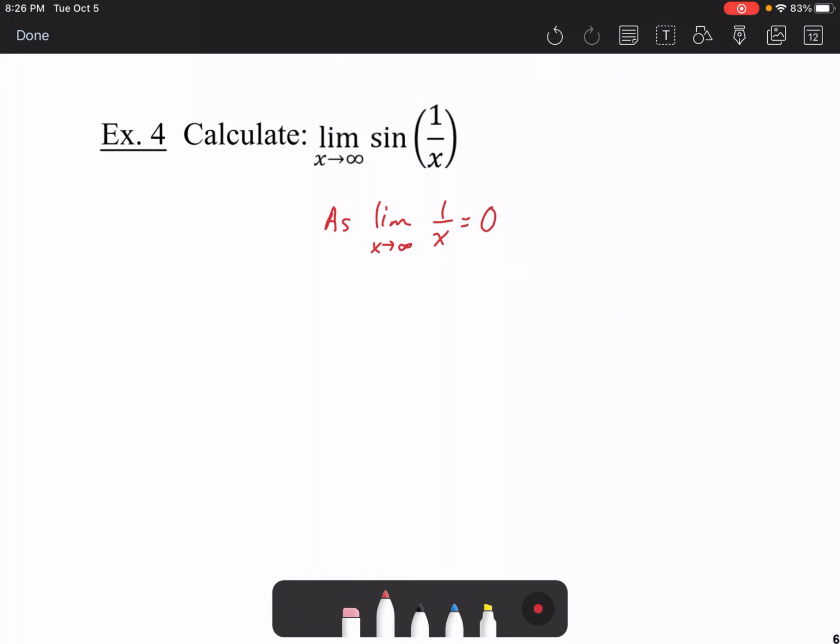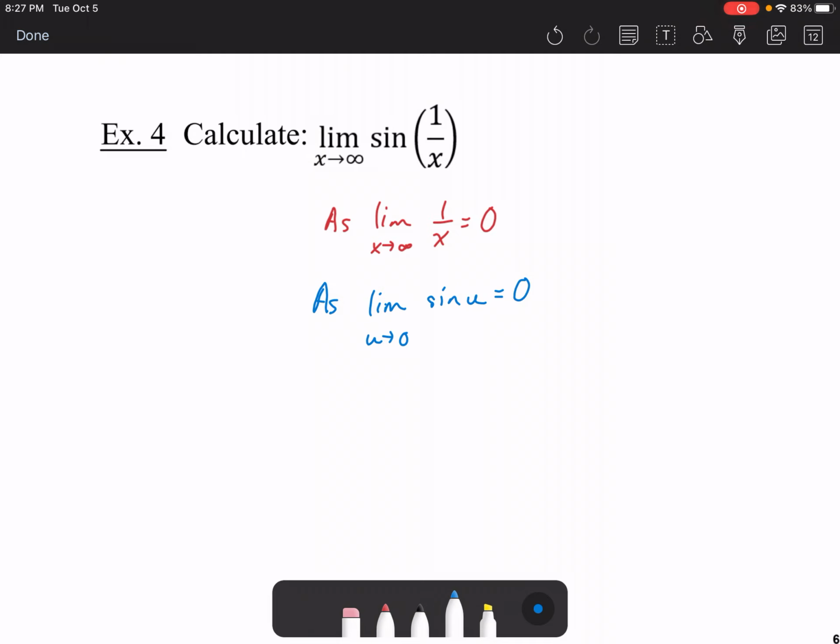We know this value. Therefore, you can say the limit as u approaches 0 of sine of u also equals 0.